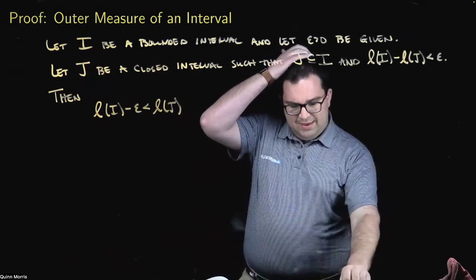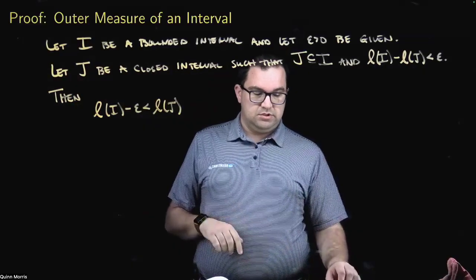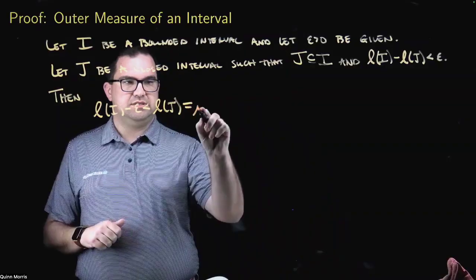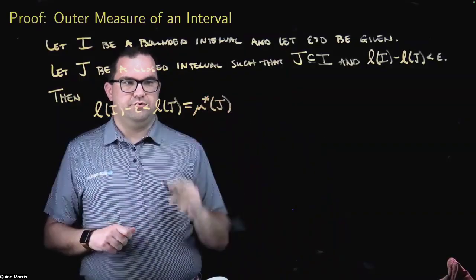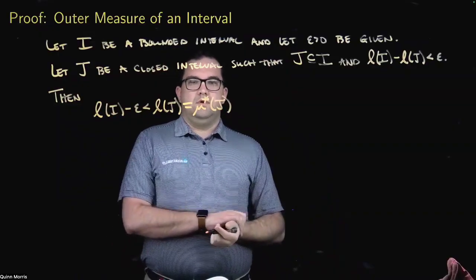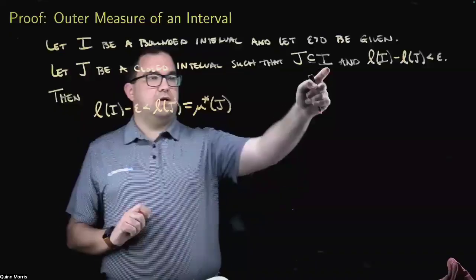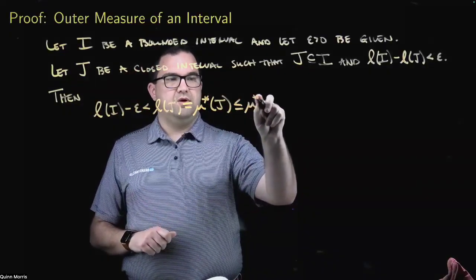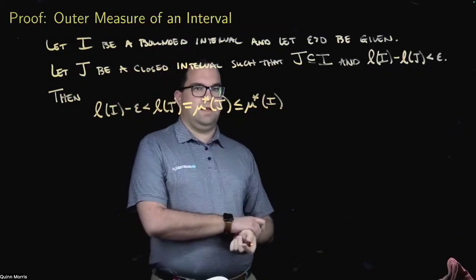But now j is a closed and bounded interval. So its length is just its outer measure. We've already proven this for closed and bounded intervals. But using monotonicity, j is a subset of I, so the outer measure of j must be less than or equal to the outer measure of I.